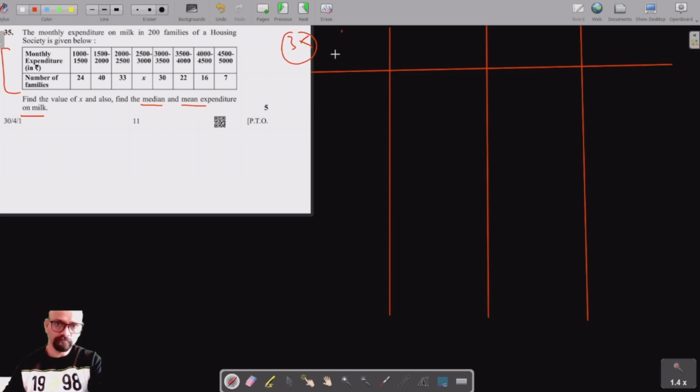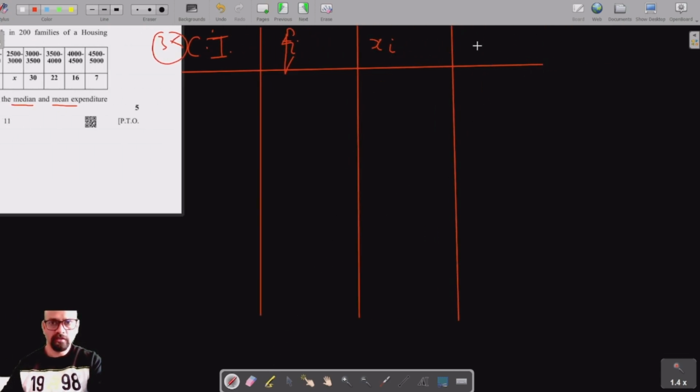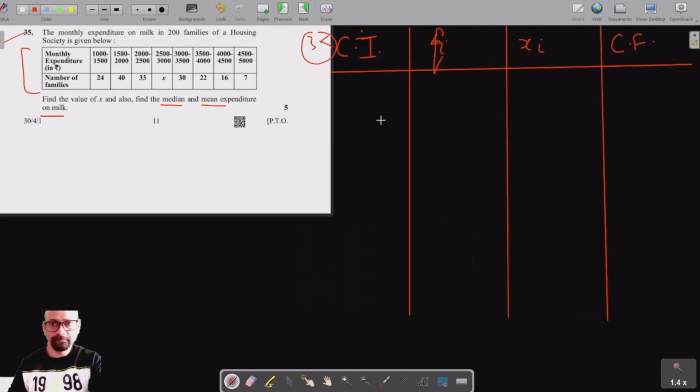Let's write down the class intervals, frequency, and then we'll get the class marks. Or we can also write down the cumulative frequency for the median to be evaluated.